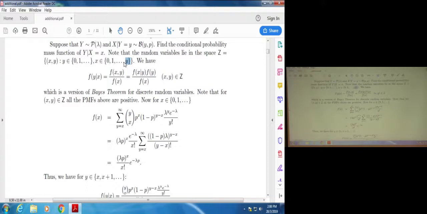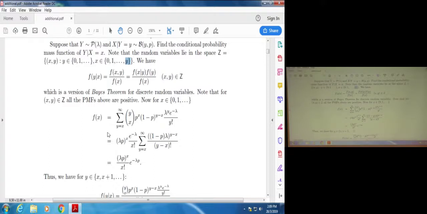Why is it p to the 1 minus p? Looks like a mistake to me. p to the x comes outside. Yes, the result is right. 1 minus p.